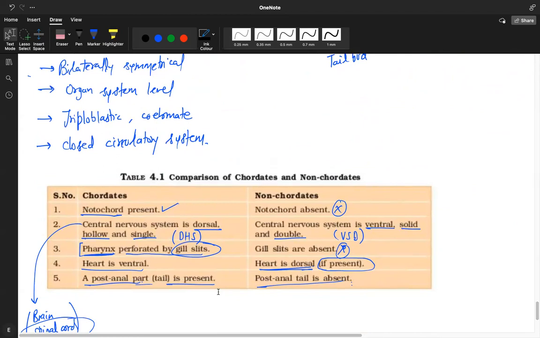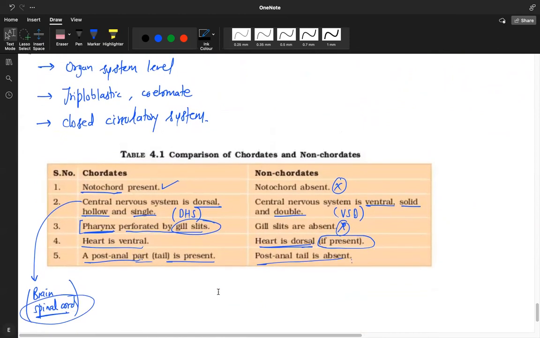The first criterion is notochord. Notochord is present in chordates, and in non-chordates it is absent. The central nervous system is dorsal, hollow, and single. It contains brain and spinal cord, whereas in non-chordates, the central nervous system is ventral, solid, and double.